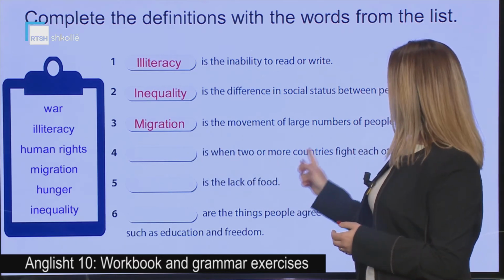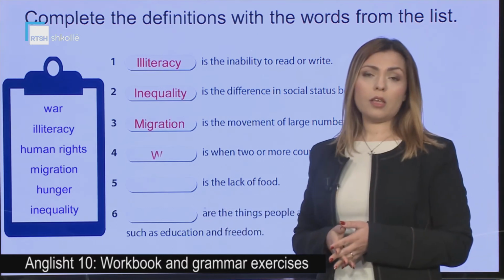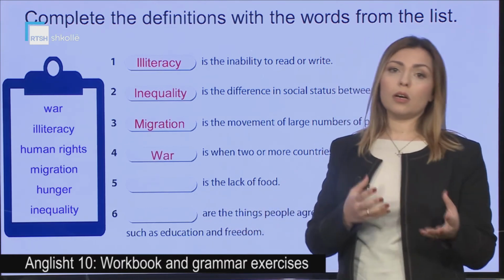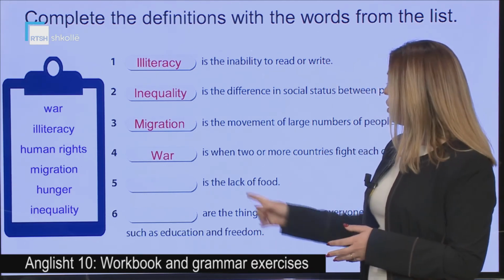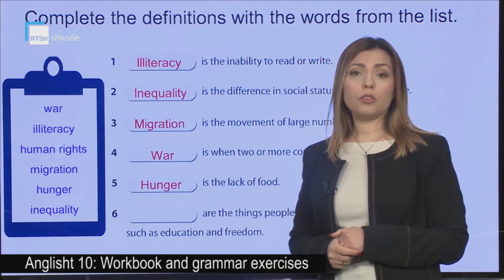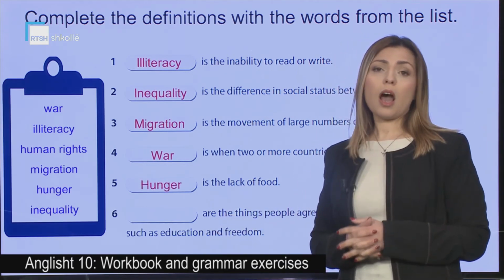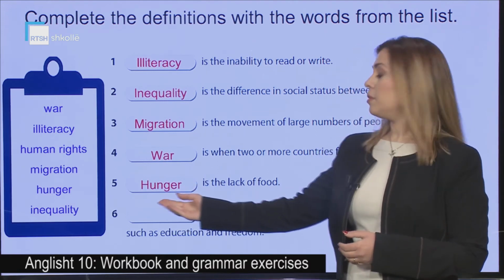Two or more countries fight. You know that, unfortunately, when two countries fight one against the other, this is war. The lack of food, when people have nothing to eat, is hunger. Think of Africa, how many children are dying because of hunger.